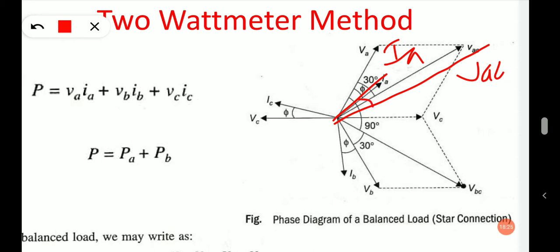So here current is leading by some angle, and the complete angle is 30 degrees, and here it is phi.